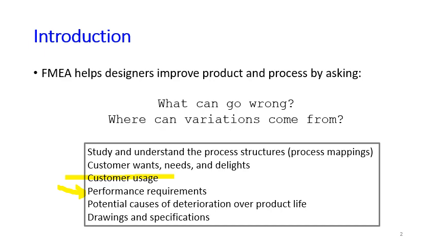And then the designer should also think about the causes of deterioration, or how the product gets worse as the customer is using the product over the product's life. So not only the failures at this moment, but also the possible failures in the future along with the product life.